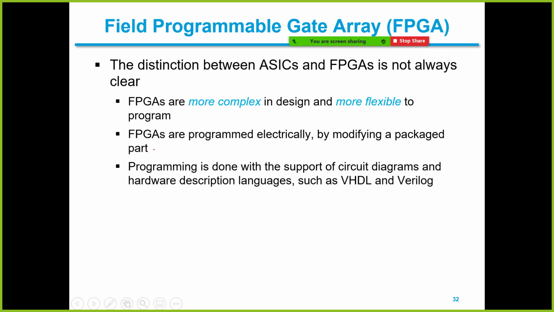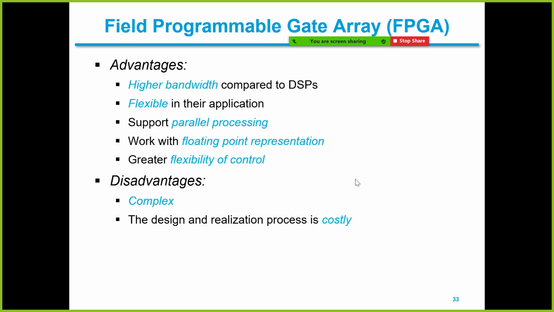But FPGA is not. So FPGA is more complex, more flexible. The programming of FPGA is done with the support of circuit diagrams and hardware description languages, VHDL or Verilog. You can use these two hardware description languages to program FPGA.